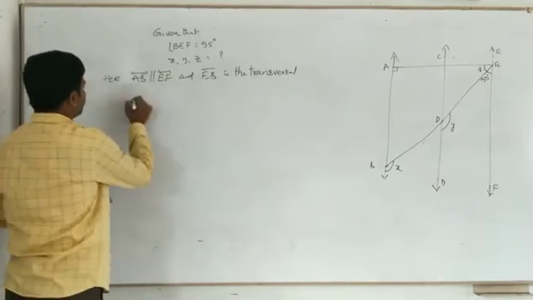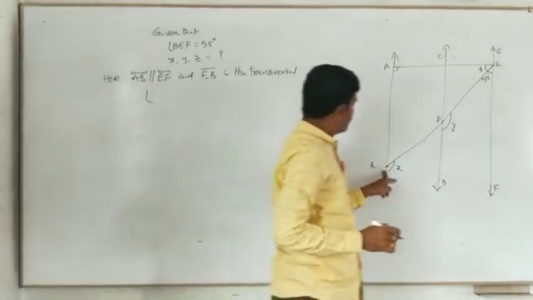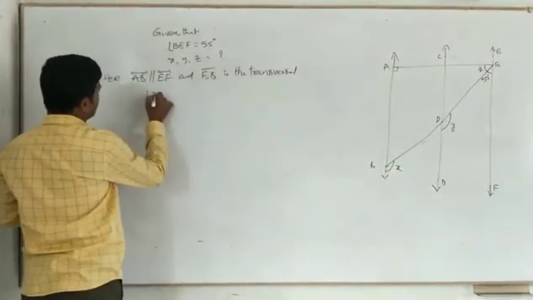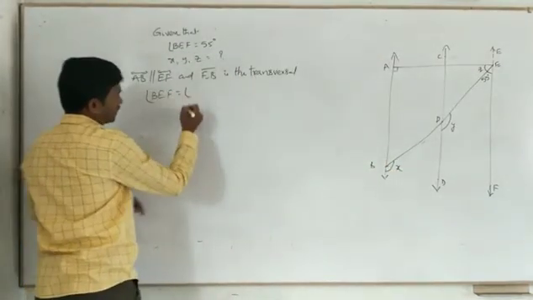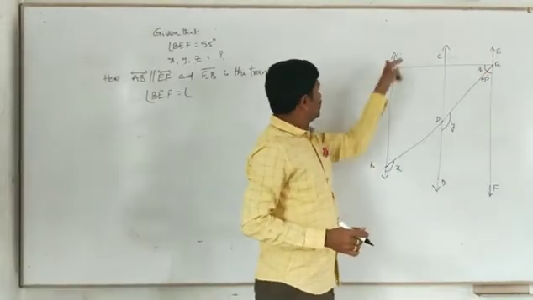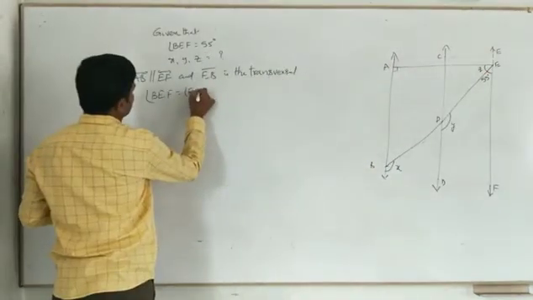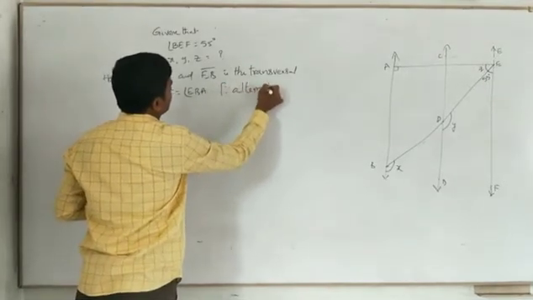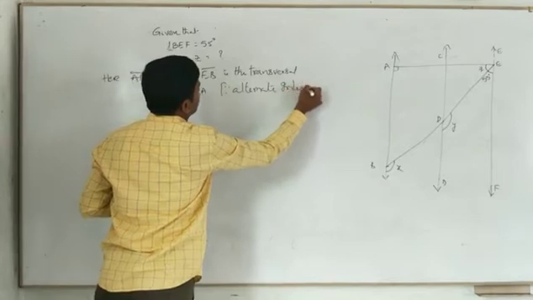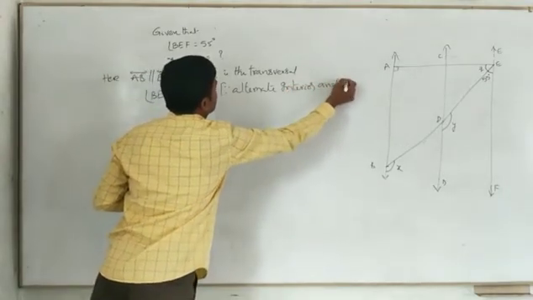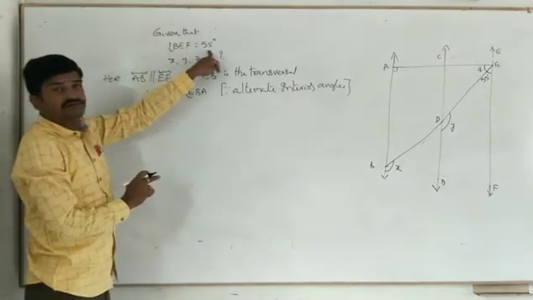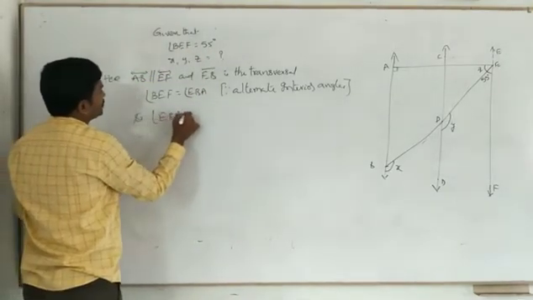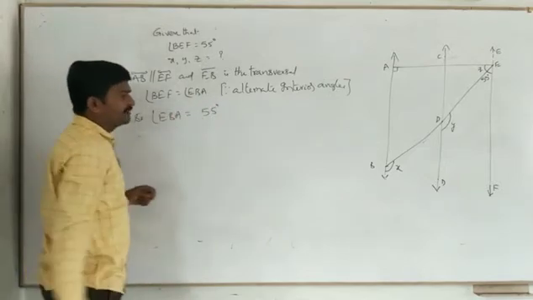Therefore, angle BEF equals angle EBA. Why? Alternate interior angles. Now, angle BEF, how much is given? 55. Therefore, angle EBA is equal to 55. What is the need of finding EBA?